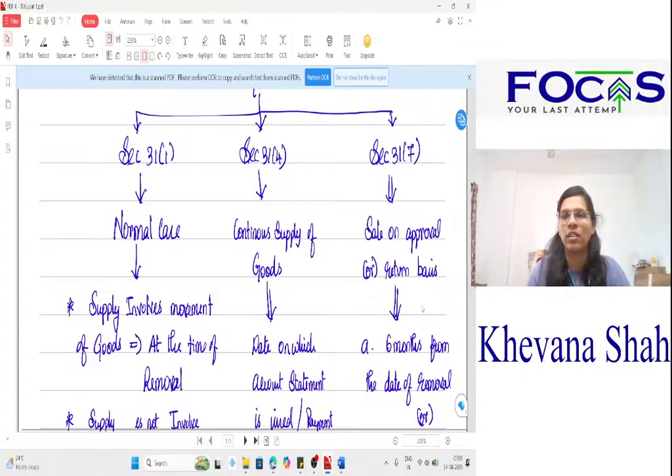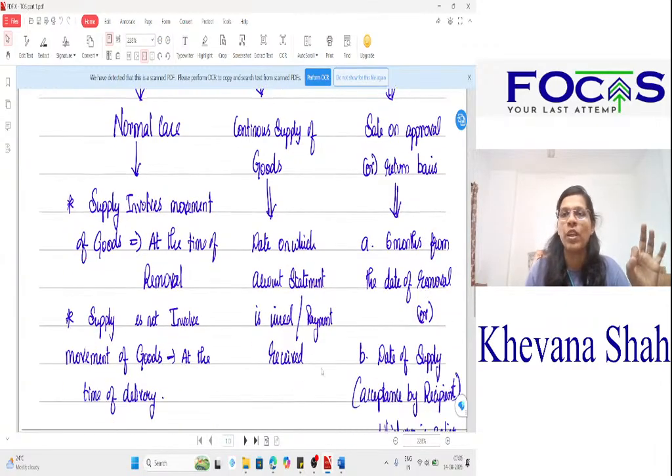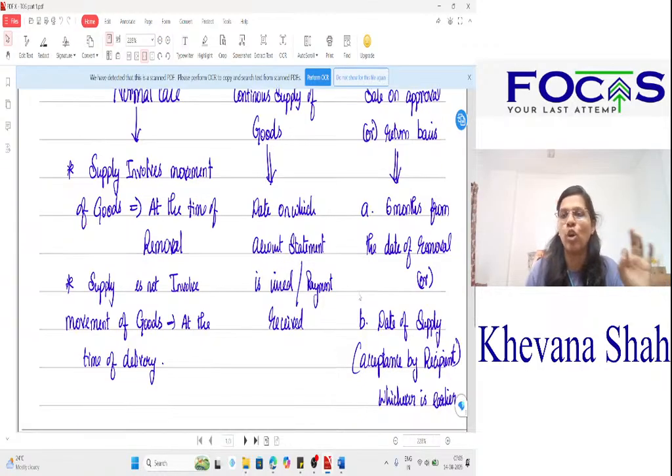Now we have section 31.7, which says sale on approval or return basis. In that case you have two options, and the earlier of those two will be your date of issue of invoice. The first one is 6 months from the date of removal. Once you have removed your goods, you calculate 6 months from that date. The second is the date of supply acceptance by the recipient, that is, whenever your recipient has accepted the goods.